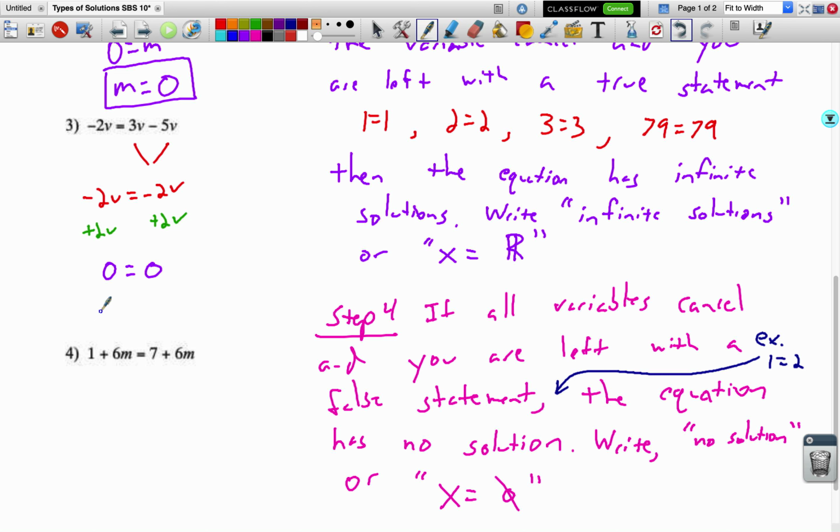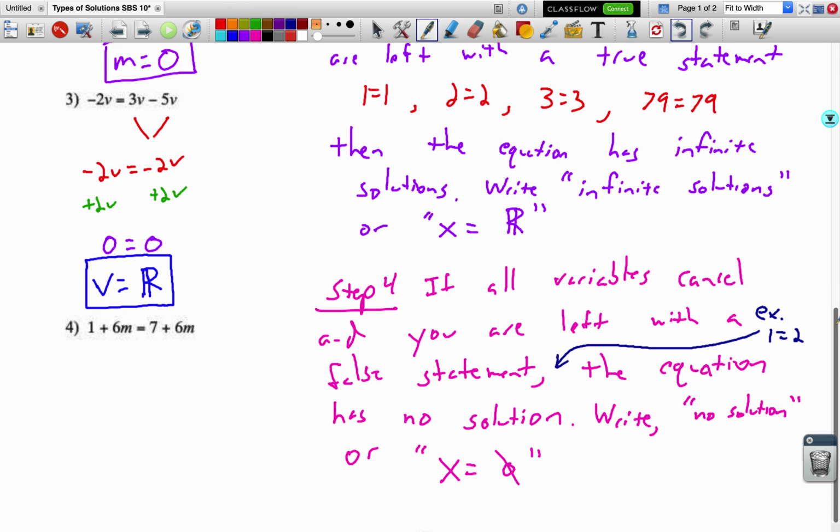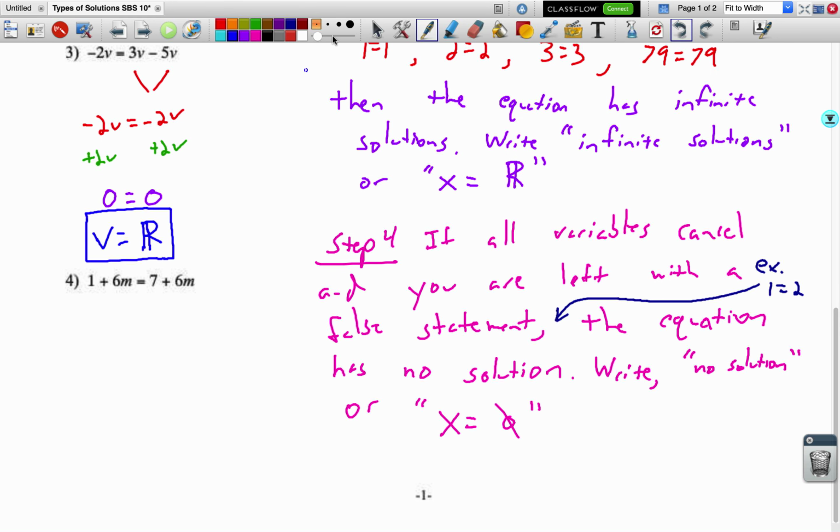So we want to say v here equals all real numbers. So you do the fancy R with an extra line right through the middle. It's called a double struck R. That stands for all real numbers, and we can box that. V equals all real numbers. All right. So this was an infinite solution situation.